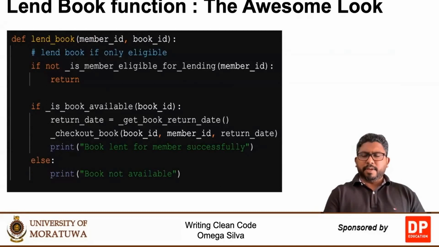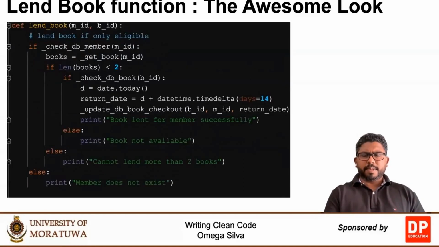Let's apply this new technique that we learned to our lend book function, which had a nested if-else structure. Again, this resembles the same structure, and we have programmed for negation. This is how the function used to look. This is the very first version.